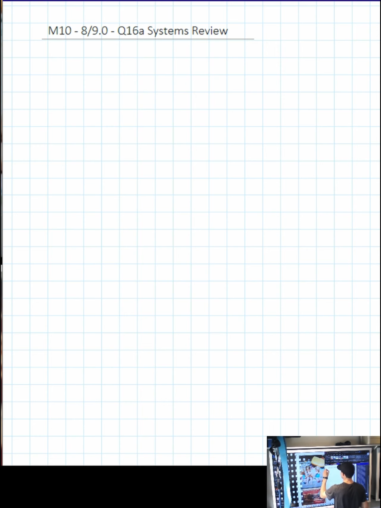Okay, we have 16A. So a plane averages 115 kilometers per hour. So I'm going to draw a line. That's going to represent 115 kilometers, and this took 1 hour. With a tailwind, so we've got a tailwind.